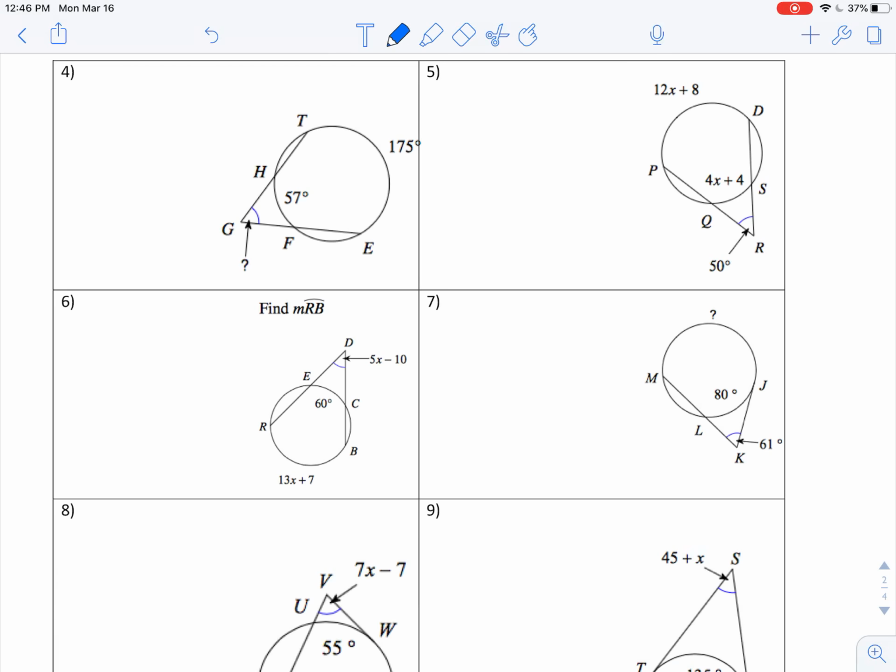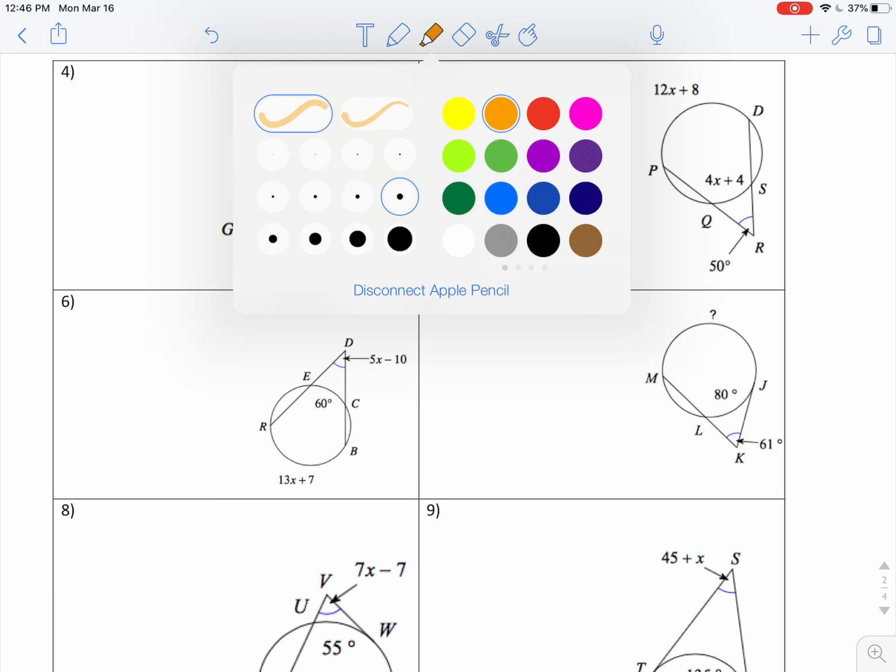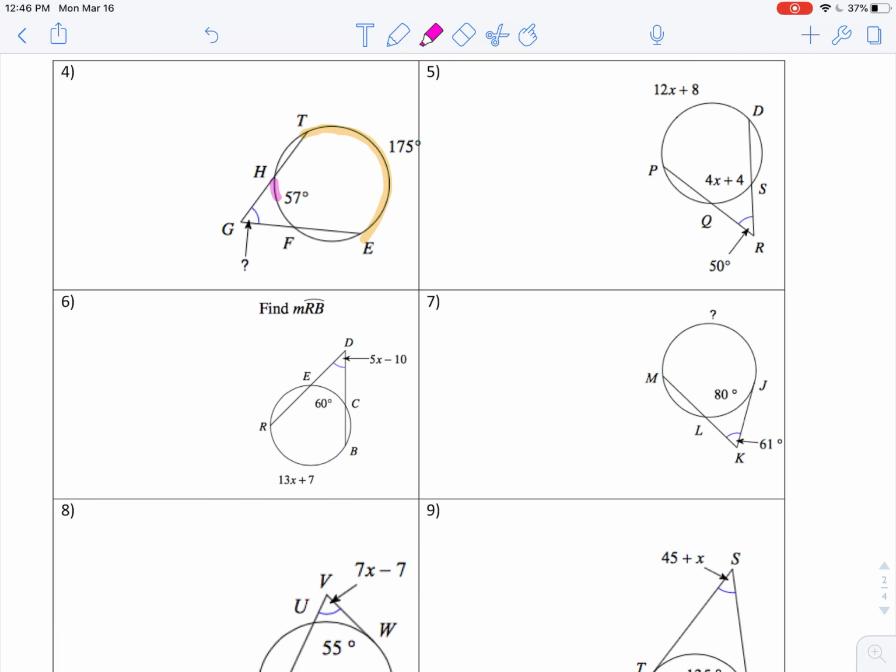So number 4 here, I've got 175 is the arc that is farther away from the angle, 175. And this arc right here is 57. So my intersection is outside the circle. That is a negative thing. Being outside is not good right now.